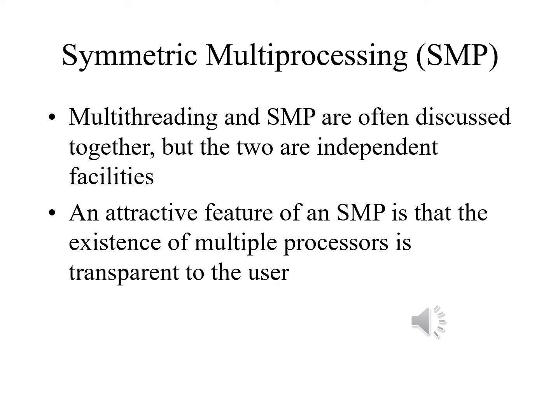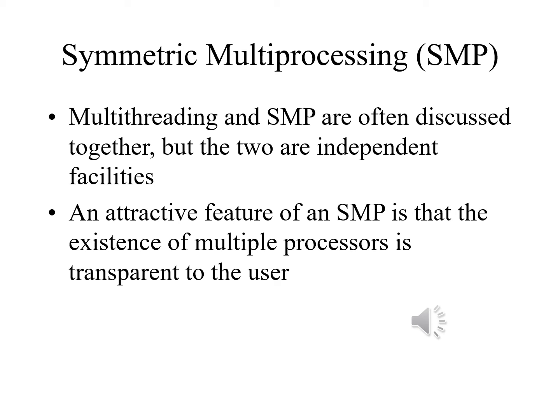Even on a uniprocessor system, multi-threading is useful for structuring applications and kernel processes. An SMP system is useful even for non-threaded processes, because several processes can run in parallel. However, the two facilities complement each other and can be used effectively together.